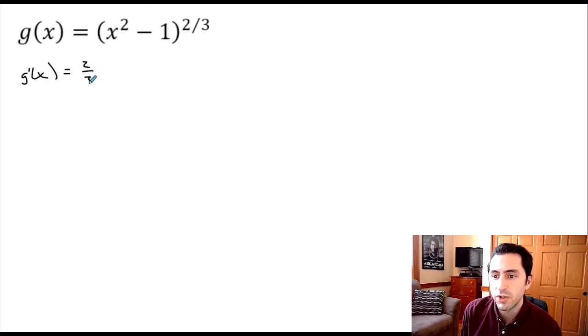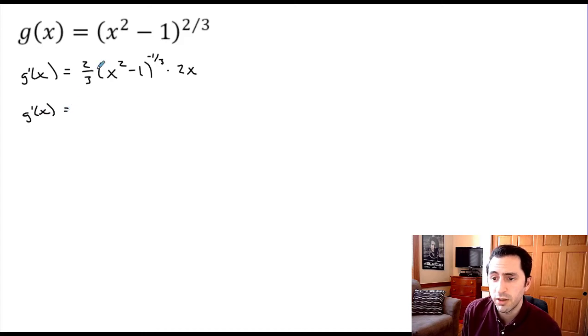So we have 2/3 times x squared minus 1, subtracting 1 from the exponent, that's a -1/3 power. And now multiplying by the derivative of the inside, the derivative of x squared is 2x. Again, I'm going to rewrite this to make it a little bit easier to work with.